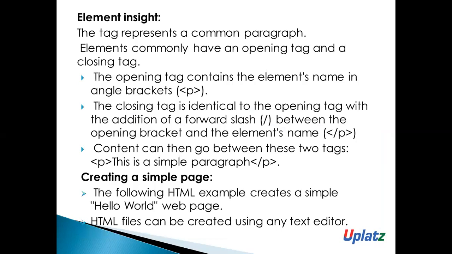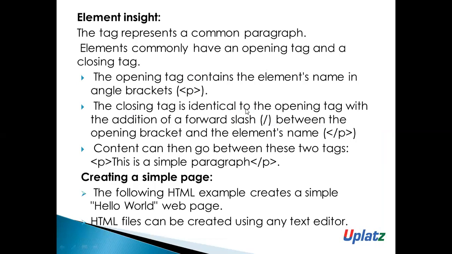So next is the element inside. An element has opening and closing tags. The opening tag contains the element name in angle brackets like this. This p tag is one of the elements in HTML5, which is nothing but a paragraph, and it should be enclosed in angle brackets.